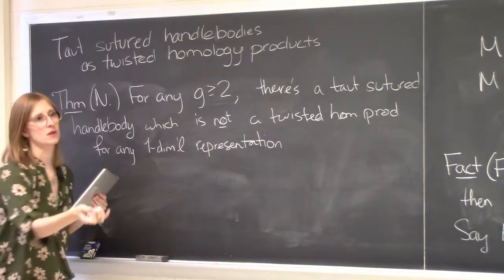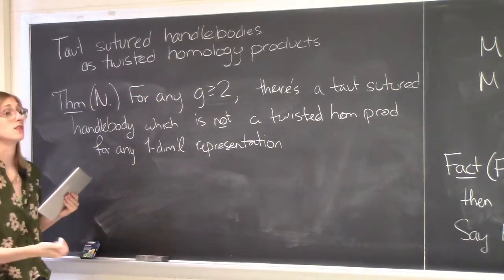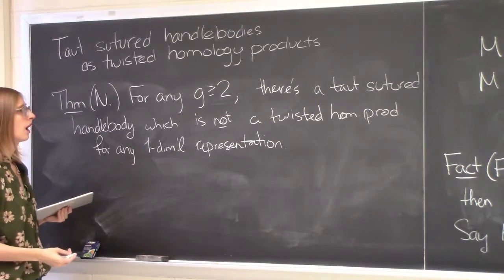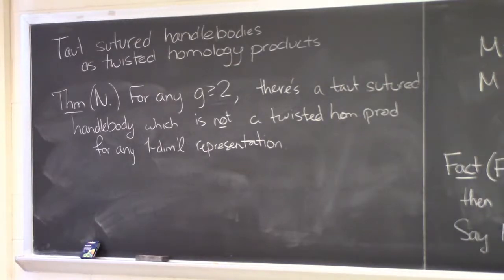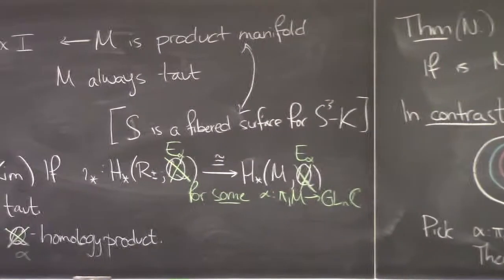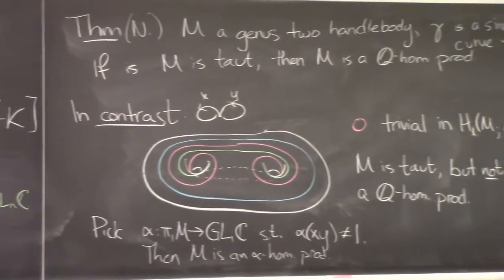And in these examples, a two-dimensional representation does always work. But this is just saying, when we're not in our very simple case of being a genus 2 handlebody with a single suture, we suddenly do need at least 2 dimensions.